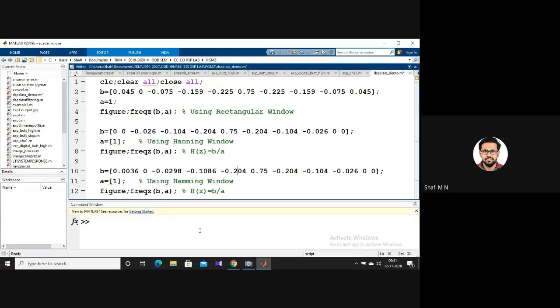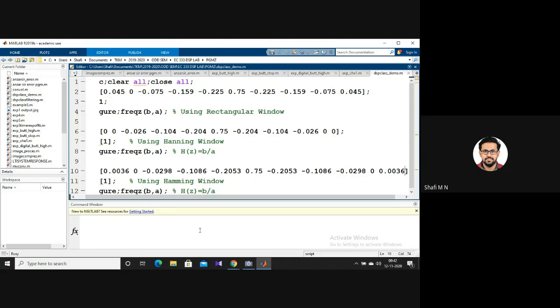Previously it was 0.204, now it is 0.2053. So that is the difference. Minus 0.2053, then 0.1086. Slight variation will be there, that's all, because Hamming and Hanning windows are almost close. 0 and the last one is 0.0036.